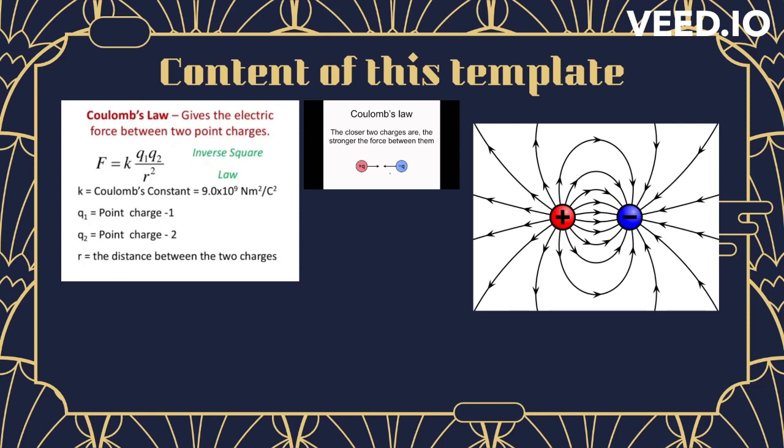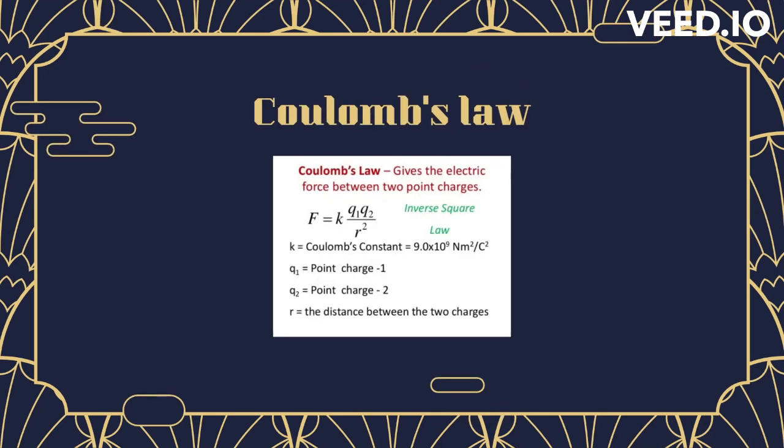It states that the magnitude of the force between two particles is directly proportional to the product of their charges and inversely proportional to the square of the distance between them. So the charge that they give off has to do with their distance. The closer the two charges are, the stronger the force between them. The farther, the weaker the force between them.